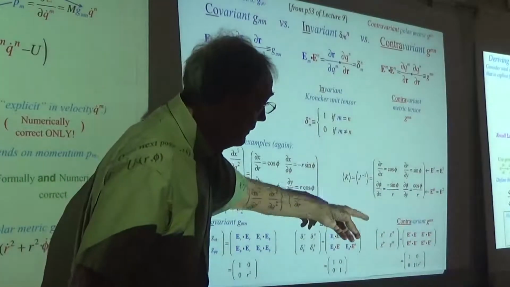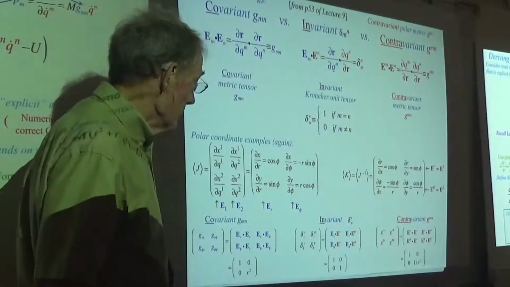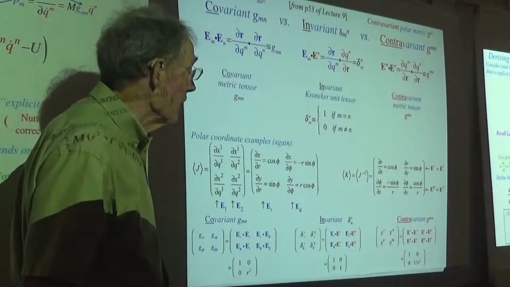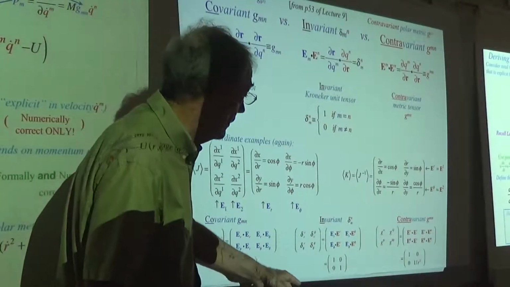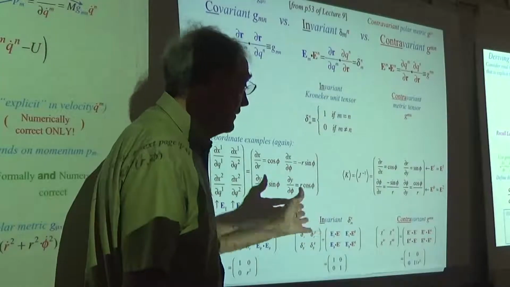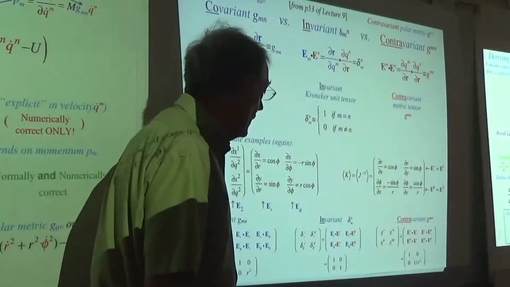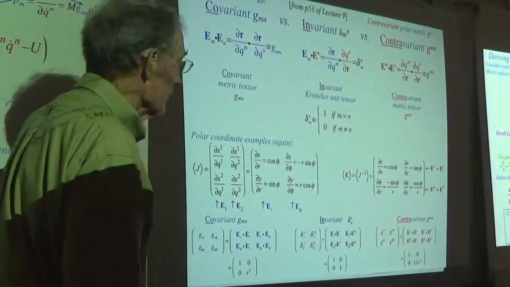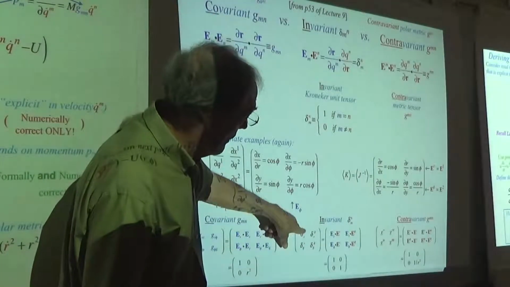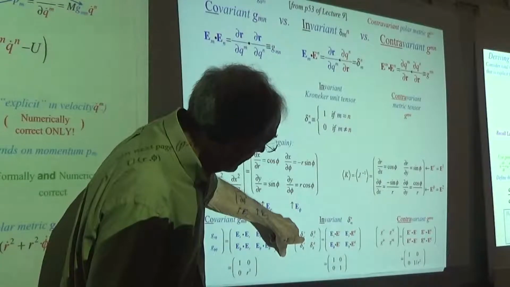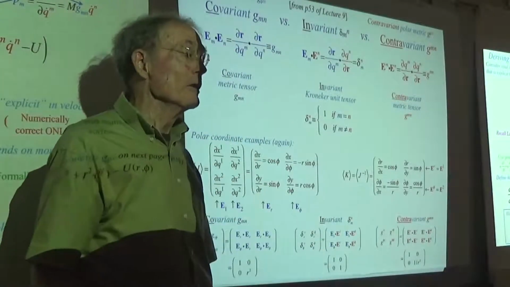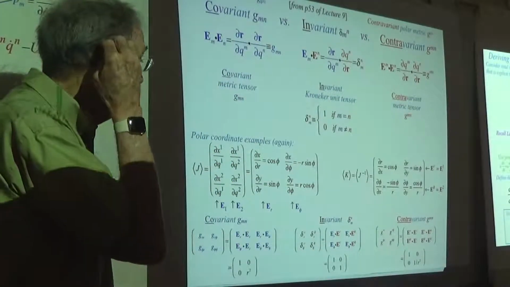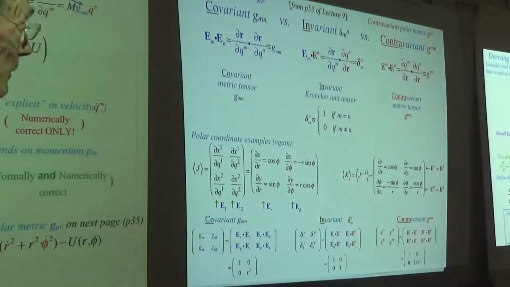You've got a contravariant metric, it's diagonal, but has functions, in this case, only of r, no angles involved here. And then you've got the invariances in between those two. It's just a unit matrix, good old delta function. Delta function written in covariant, that's the lower index, contravariant, that's the upper index notation. So that's worth making a point of. Once again, we've talked about this before back in lecture 9.